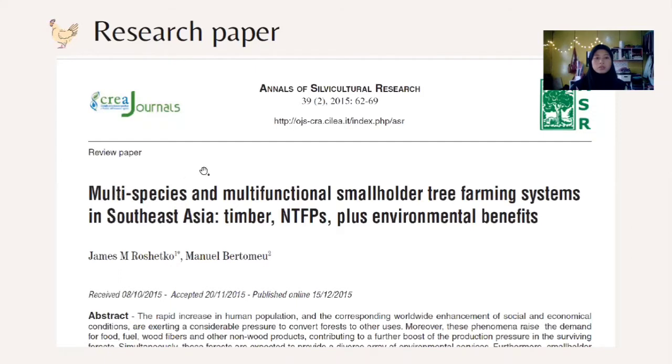This is our research paper, which the title is Multi-Species and Multifunctional Smallholder Tree Farming System in Southeast Asia, Timber and NTFPs plus Environmental Benefit by Roshetko and Bertomeu.